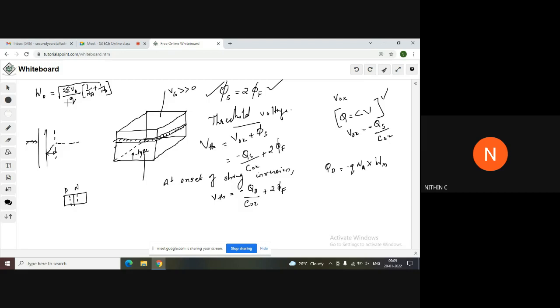This is the general expression for the width of the depletion layer. You can write this in your equation book also. We have a few expressions from module 3. W naught is equal to root of 2 epsilon V naught by Q into 1 by Na plus 1 by Nd. This is the general expression for depletion region width W naught.